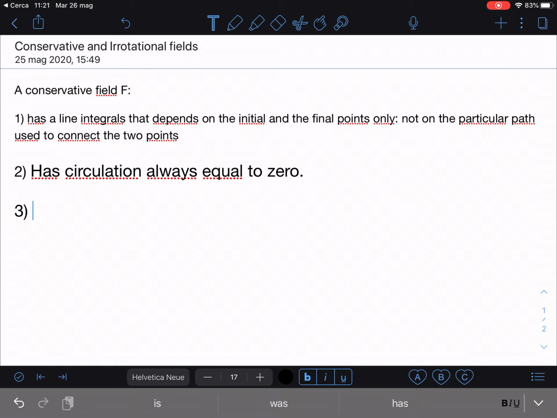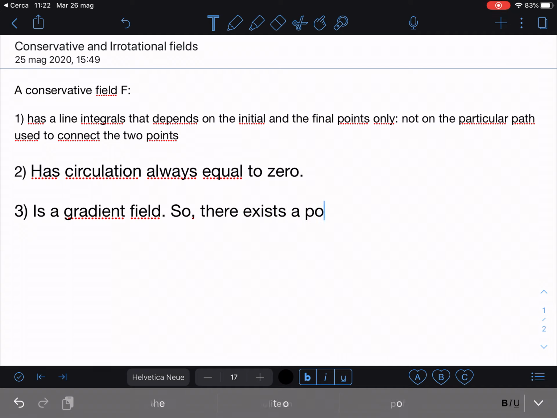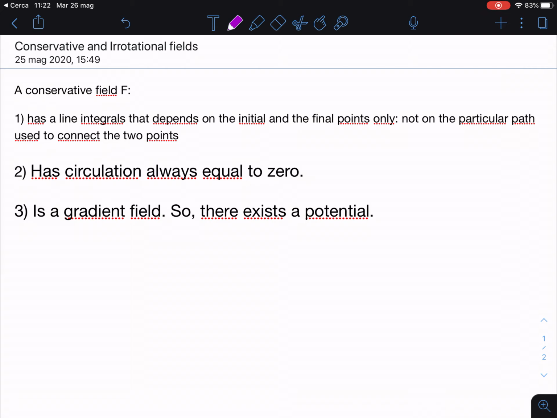The third point is that it is a gradient field, so there exists a potential. These three facts can all be put together by recalling what it means to be a gradient field.